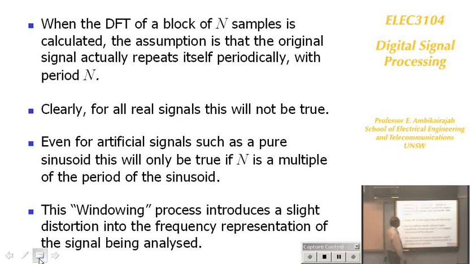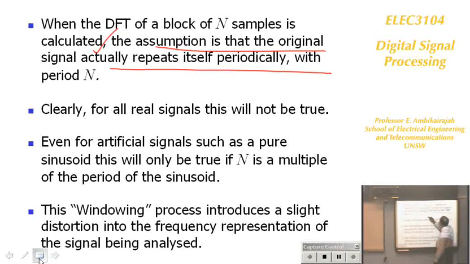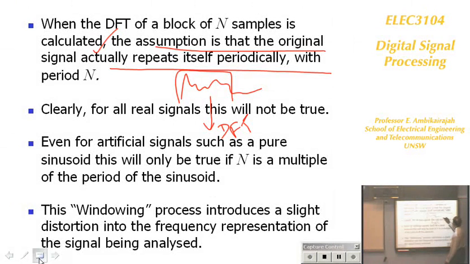When the DFT of a block of N samples is calculated, the assumption is that the original signal actually repeats itself periodically. So if you take a signal like that, and you take a block of 100 samples and you're trying to get the DFT, the DFT assumes that block is now repeating.